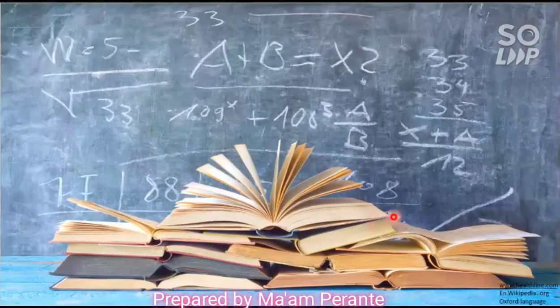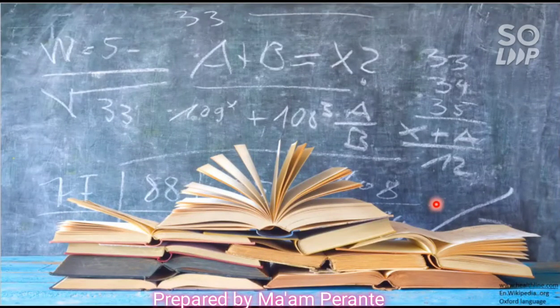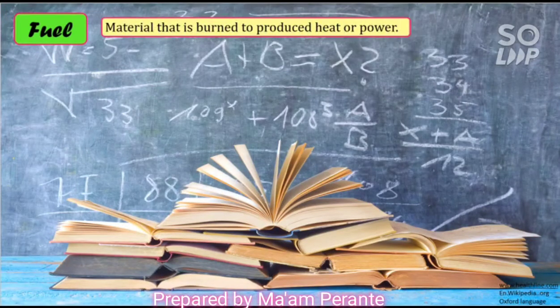when you say lubricant, antiseptic, or disinfectant? So, fuel means material that is burned to produce heat or power. Like gasoline, it is being burned to produce power so that some vehicles can run.